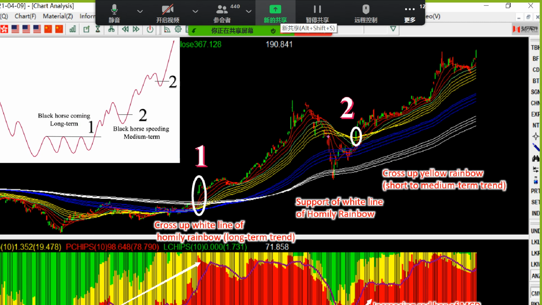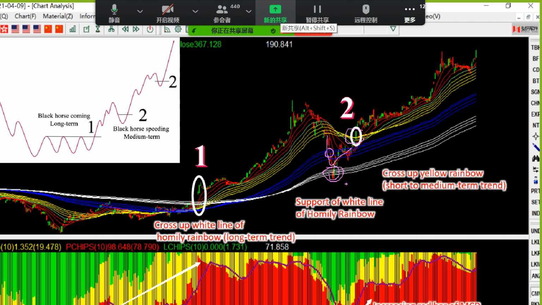Then you don't know whether it can touch the blue rainbow or white rainbow, but remember, as long as the chart can return above the yellow rainbow, it's a conservative buy signal around here. So if you want to buy, you can wait for the price to cross up the yellow rainbow. But remember, somebody also wants to buy around here. It's not easy. Never mind, I will show you later how to catch or predict the bottom.